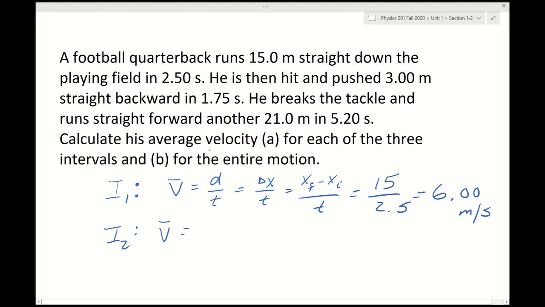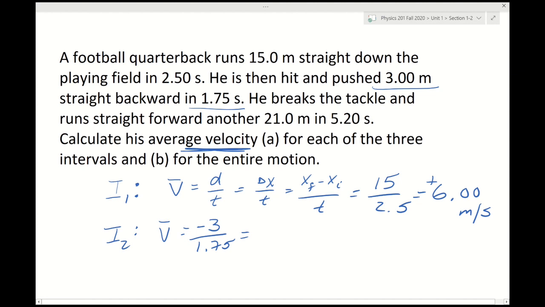For the second interval, now notice I said velocity. Velocity depends on direction. I'm going to assume that he started out running to the right, so this gets to be a positive. Now he went backward 3 meters in 1.75 seconds. So my delta x is in fact a negative 3 over 1.75.